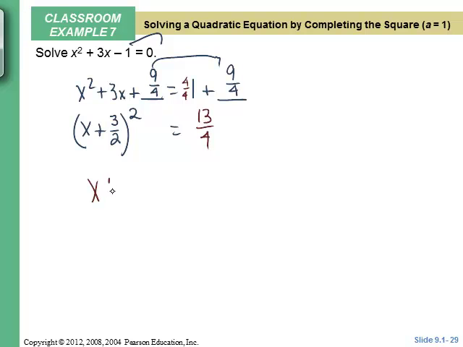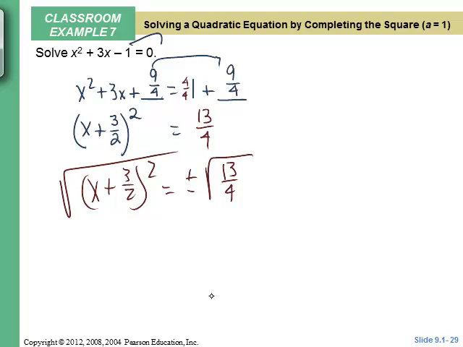Square root both sides. X plus 3 halves squared equals plus or minus square root 13/4. I forgot to put the square root sign over here. X plus 3 halves equals plus or minus square root of 13 over 2, because I took the square root of 4 on the inside, which is the same as a 2 on the outside.